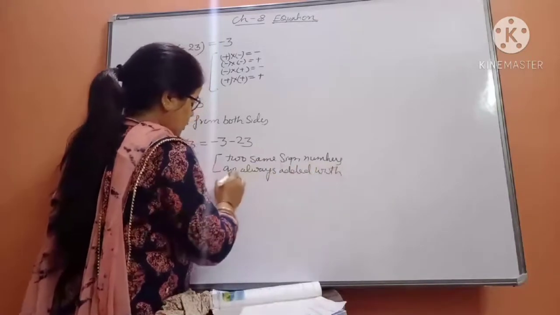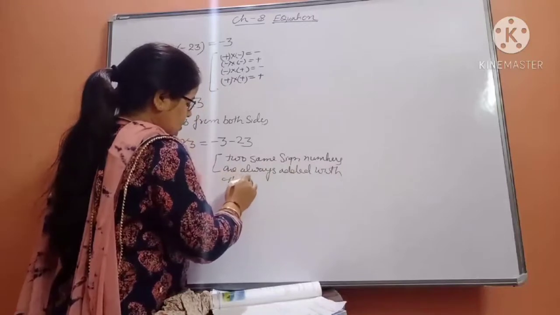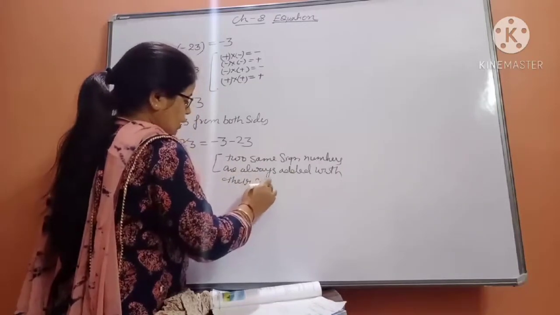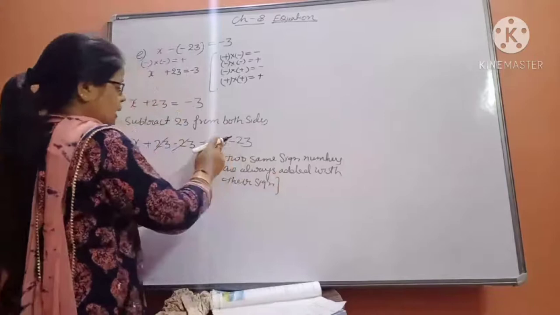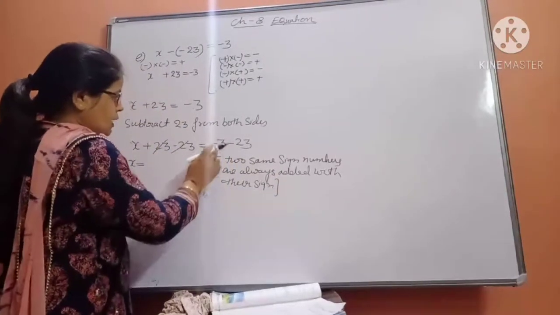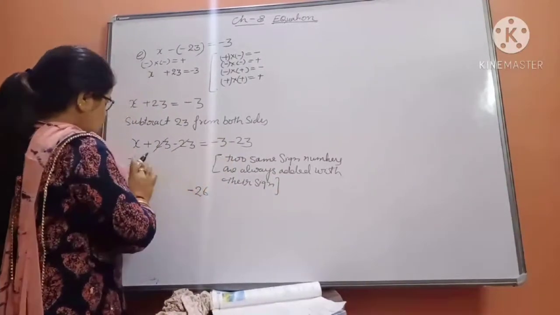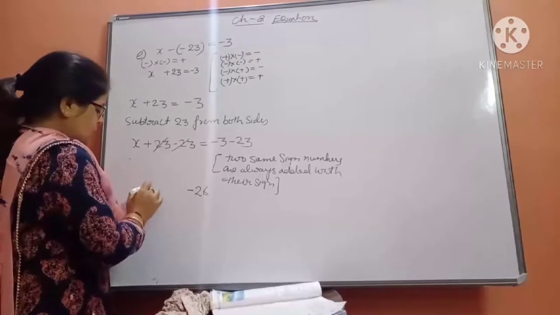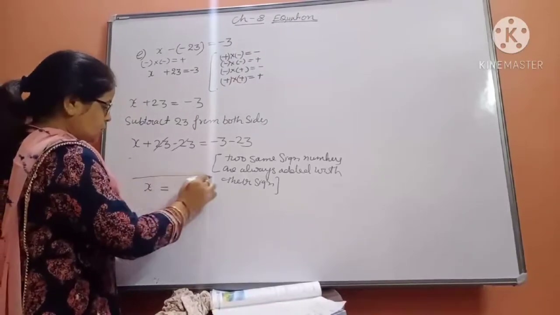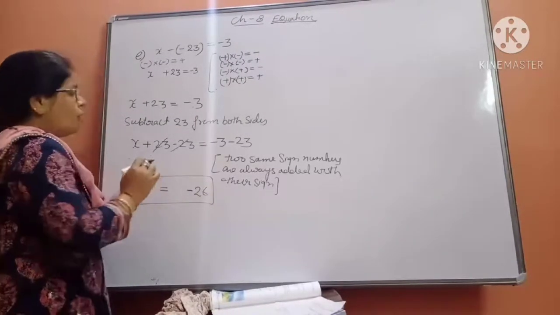So what you will do: add 23 and 3, beta, 26. What sign do both the numbers have? Minus. So x is equal to, here only x will remain, x is equal to minus 26. In this way you can solve the problem.